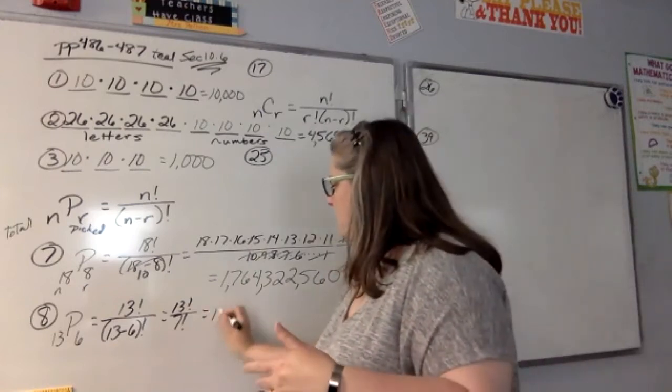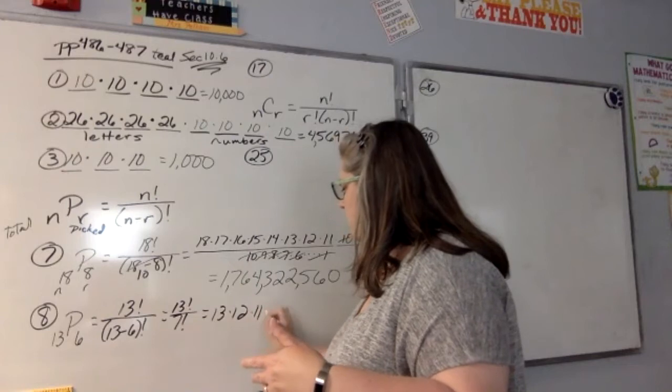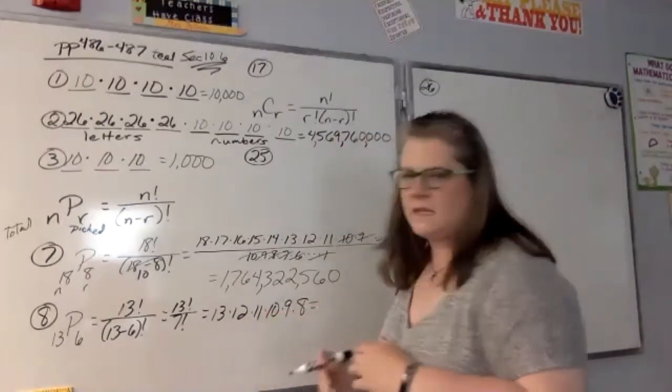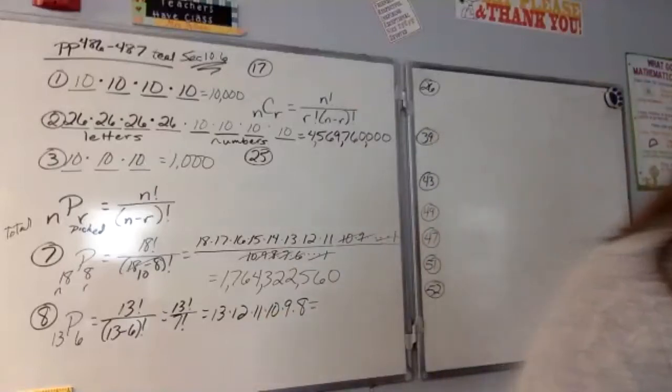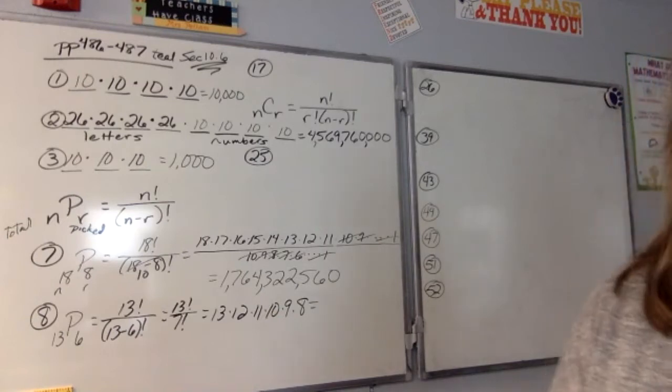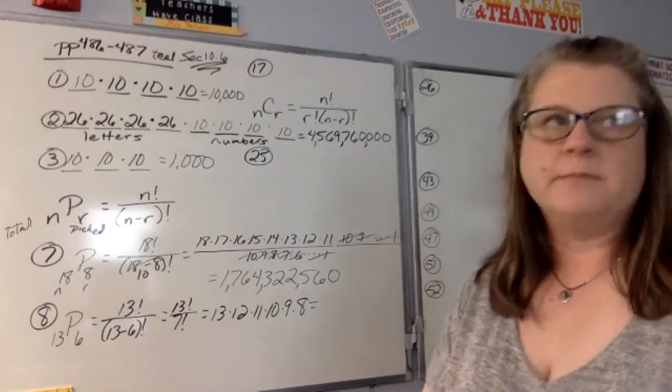So you're going to have 13 times 12 times 11 times 10 times 9 times the 8, and you get your answer. It's not quite as big on this one. This one's only in the millions instead of billions.